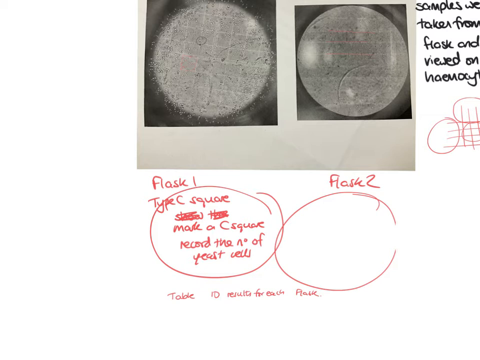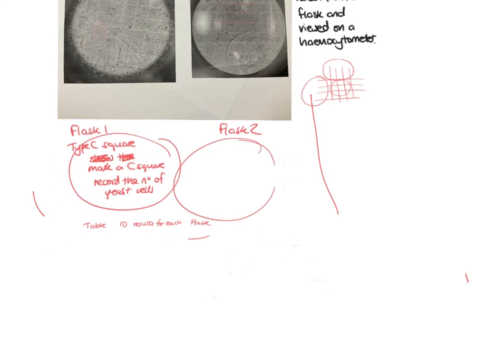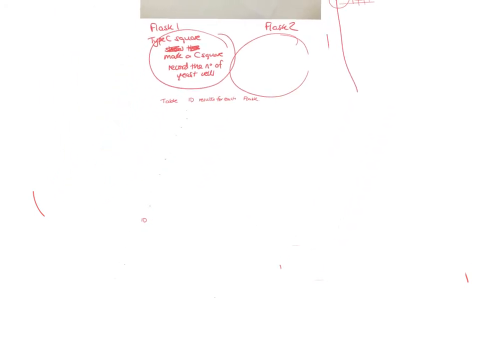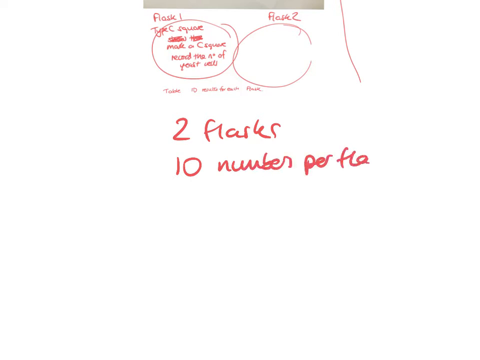So if we think back here, table. And your table has to have the 2 flasks, 10 numbers per flask, and there was 10 numbers of cells.